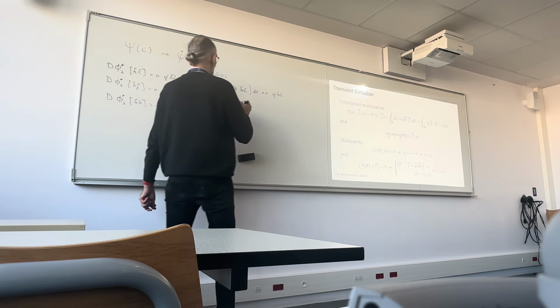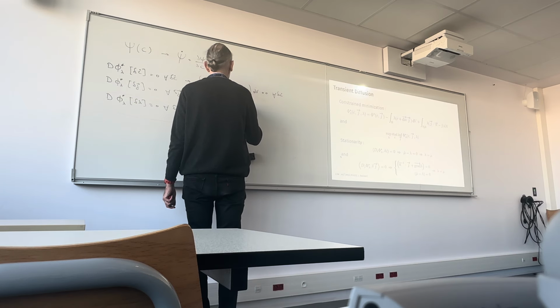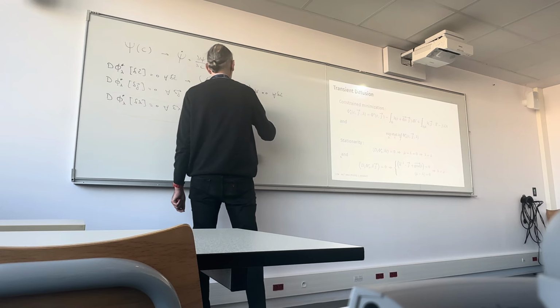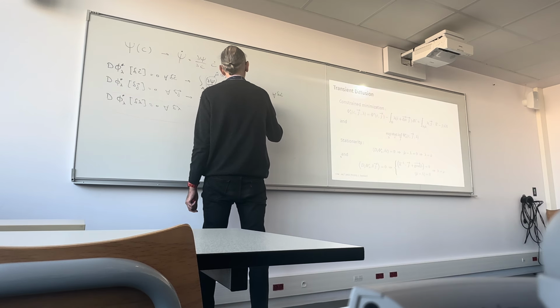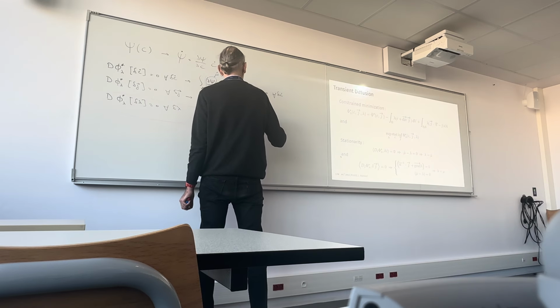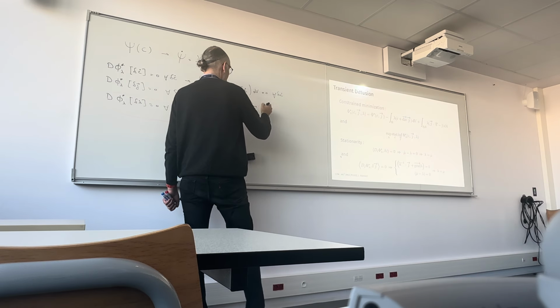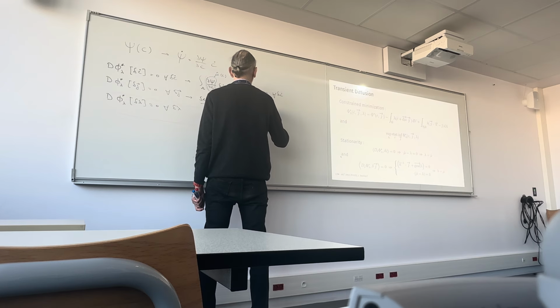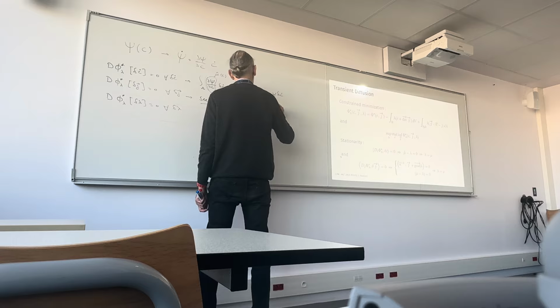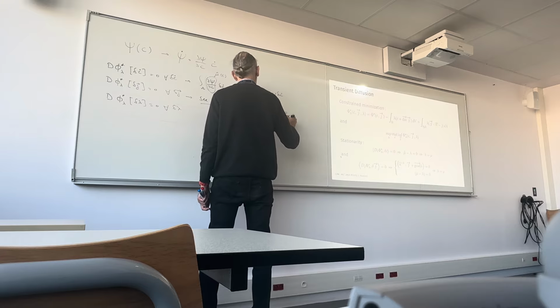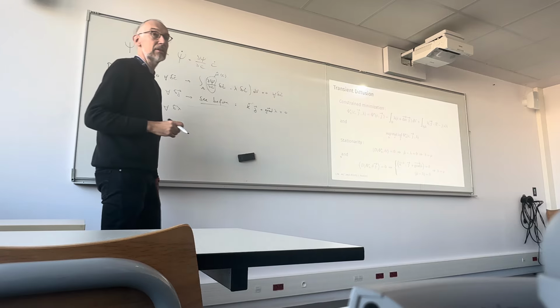So what did we get? We got A minus 1 J. K is symmetric, so I can write it in one way or another. Here we have something like this, remember?